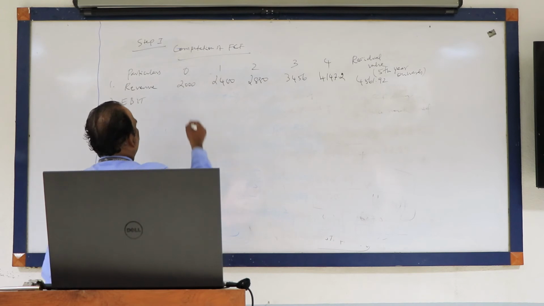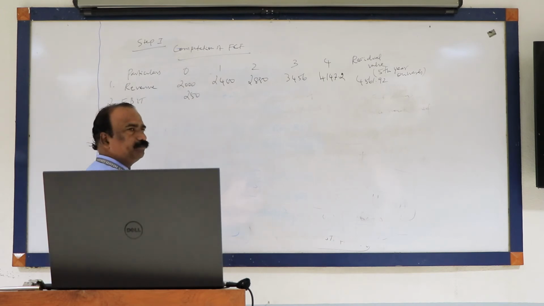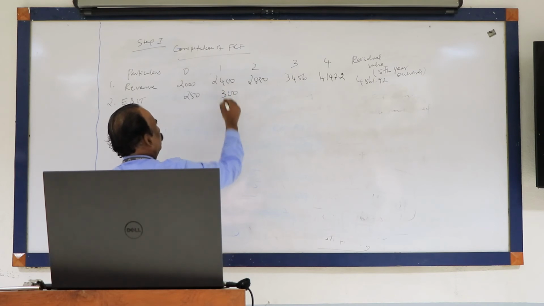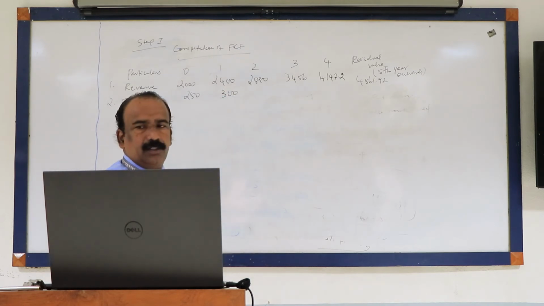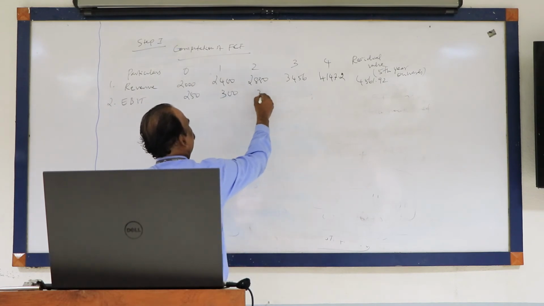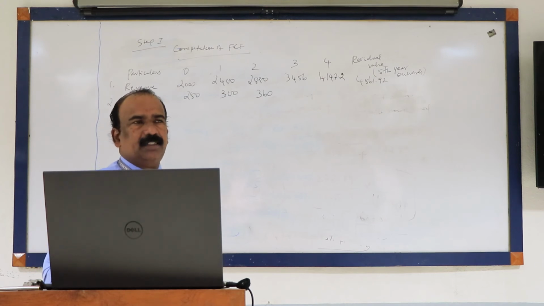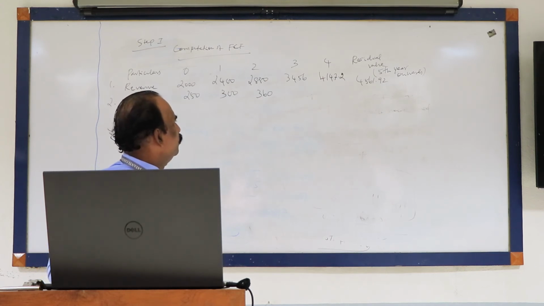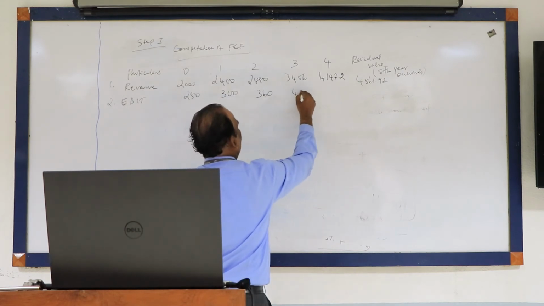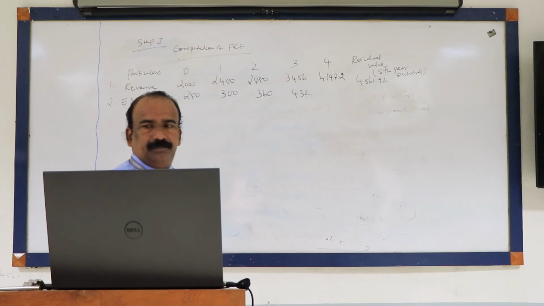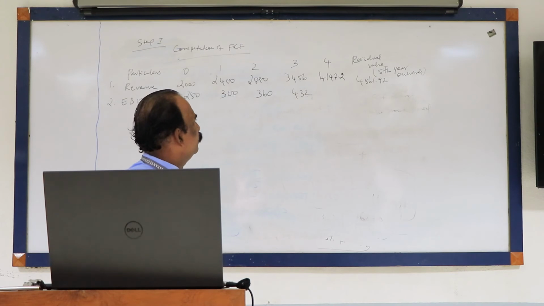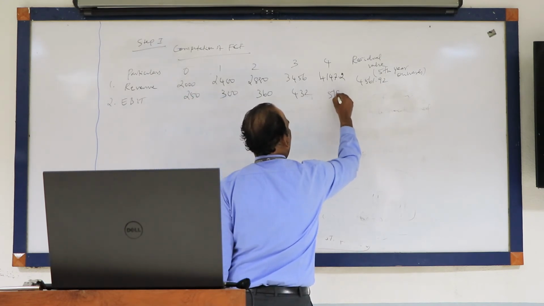So 250, plus 20%, so 300. 300, plus 20%, 360. 360, plus 20%, that is 432. 432, plus 20%, how much comes? 518.4.